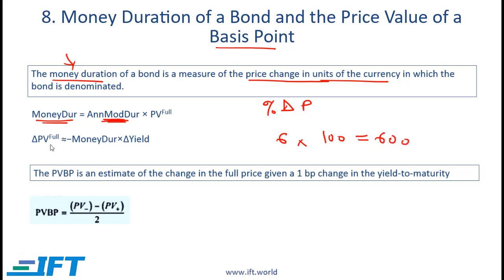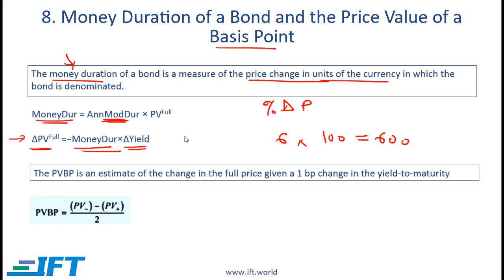Then the more interesting aspect is shown over here. The change in price or value of the bond is roughly equal to, because we have a linear approximation here, the money duration into the change in yield.